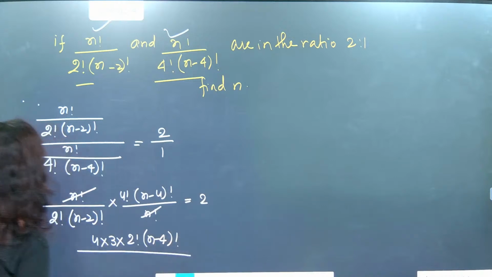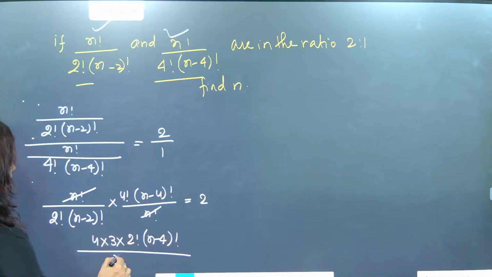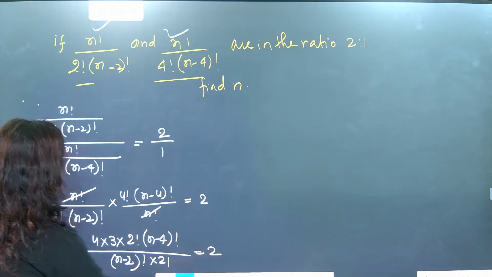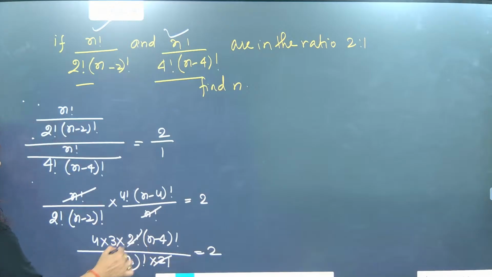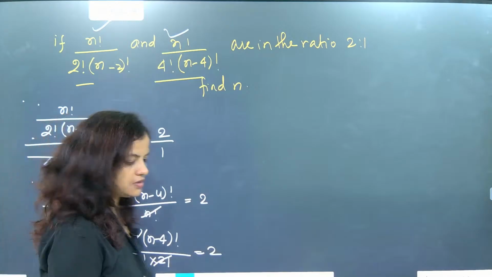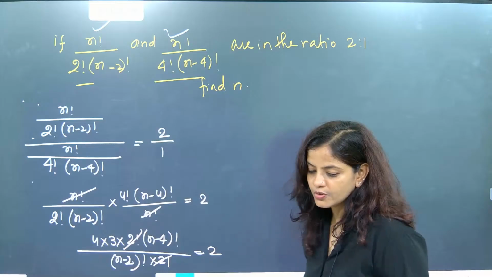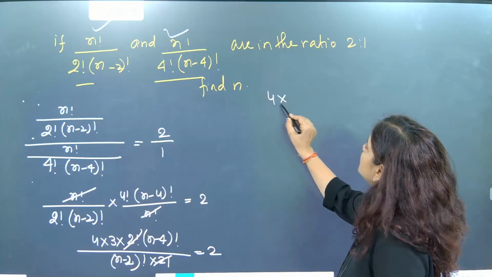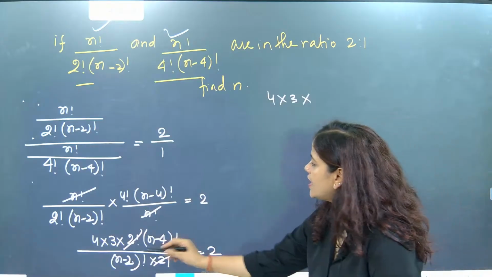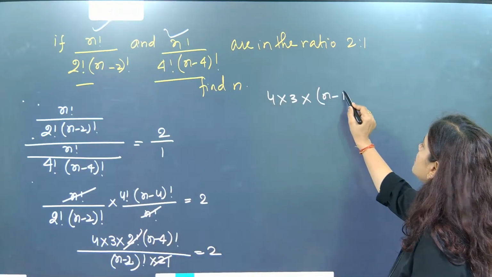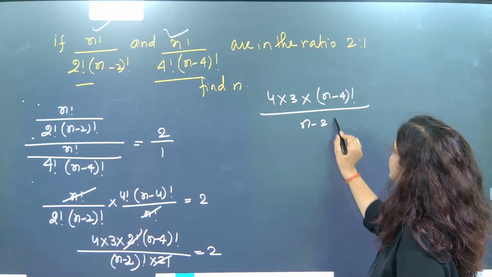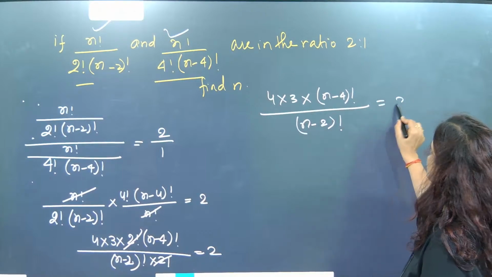Now beta, next part is here n minus 2 factorial is there, n minus 2 factorial into 2 factorial is equal to 2. So this 2 factorial and 2 factorial will get cancelled. Done. So now what we are going to do? So here 4 into 3 into n minus 4 factorial by n minus 2 factorial is equal to 2.